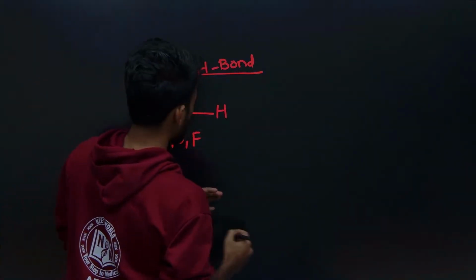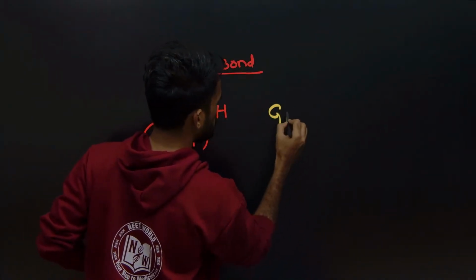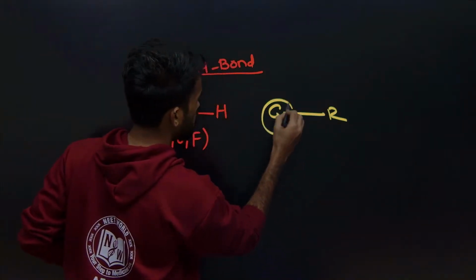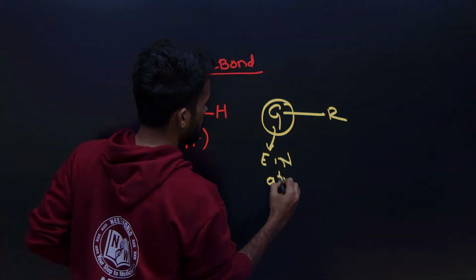Let me finish it, then you will get more clarity. So some G group attached here, and this G group must be an electronegative atom.